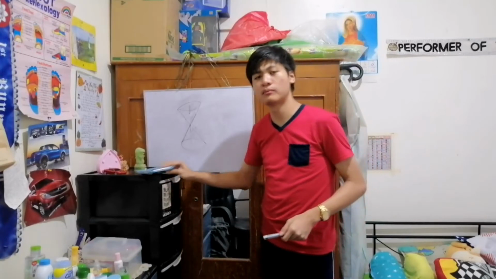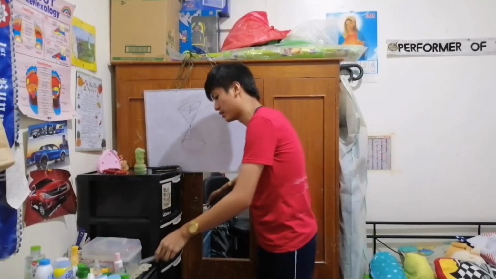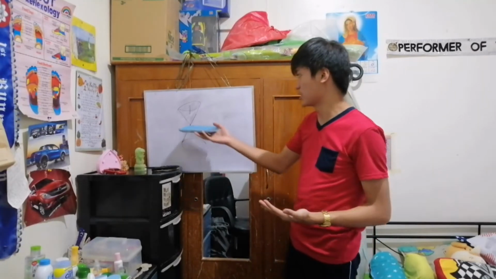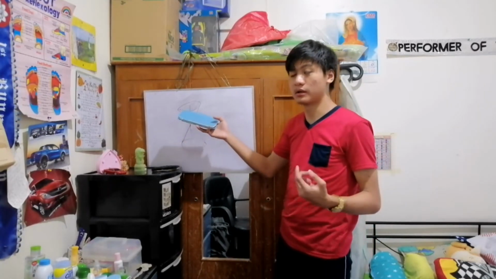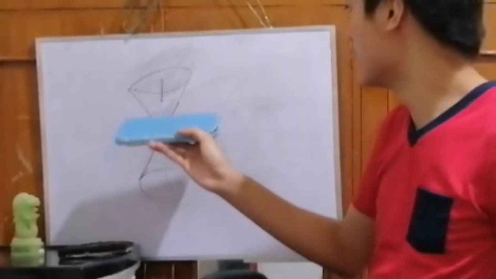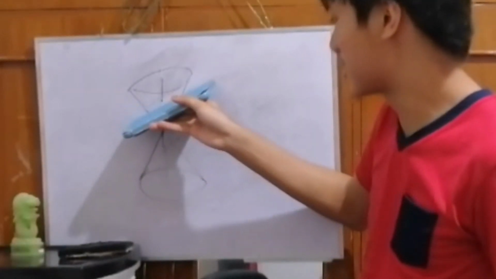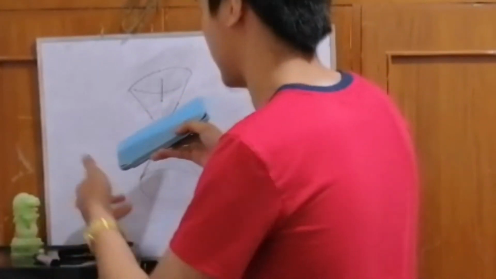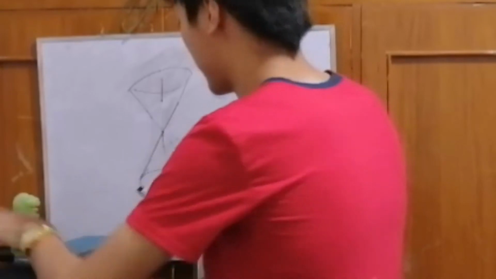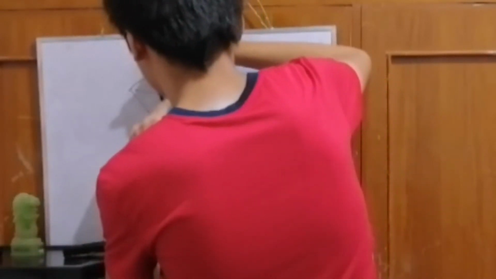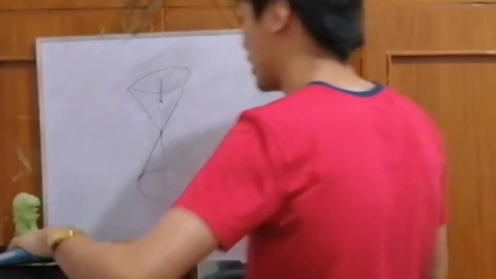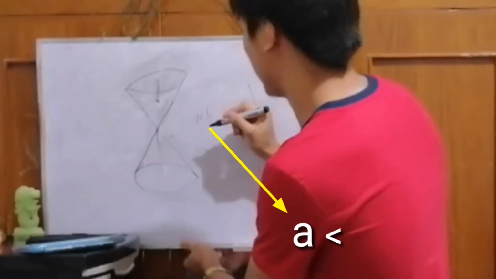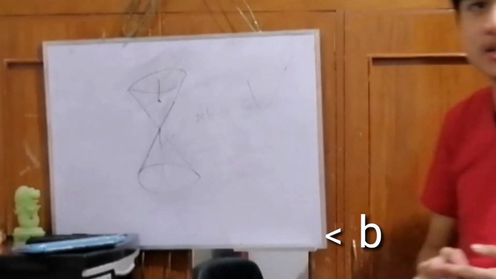Alright, so how do we form an ellipse? Now, with this plane, I am going to intersect this with only one nappe of the double right circular cone. So, once I slightly tilt this plane, and I draw the angle it has made, we can conclude that the angle below the vertex is less than the angle above the vertex.